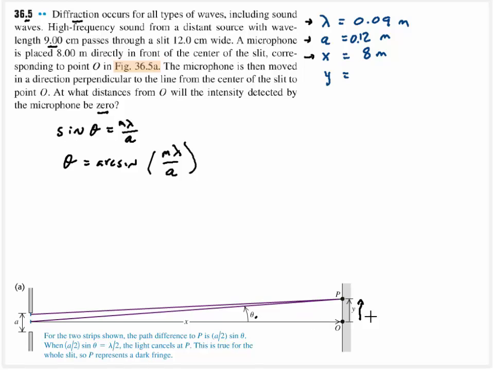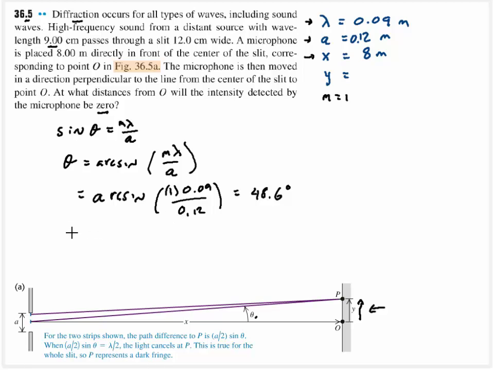And if I know what theta is, I can use trig to figure out what y is. So theta is simply going to be equal to the arc sine. In this case, it's the very first one, so m is going to be equal to 1. I know my wavelength is going to be 0.09 meters. Divide that by 0.12, and I get my angle to be equal to 48.6 degrees.